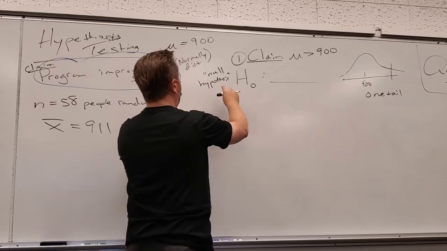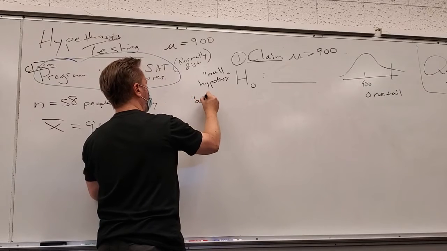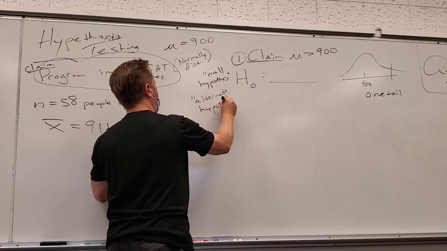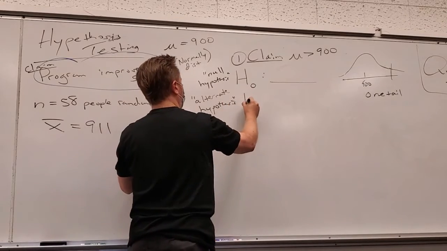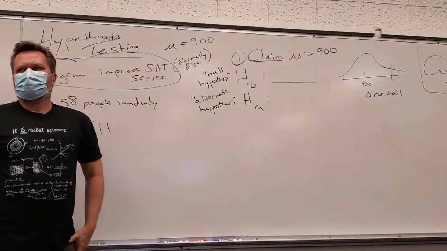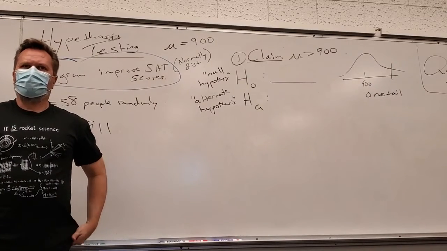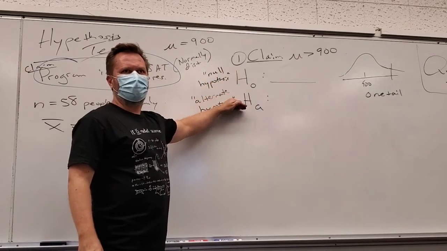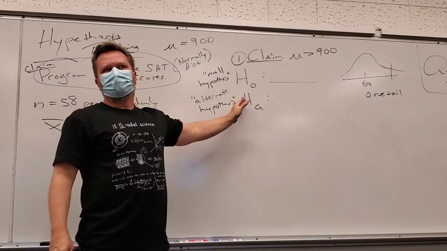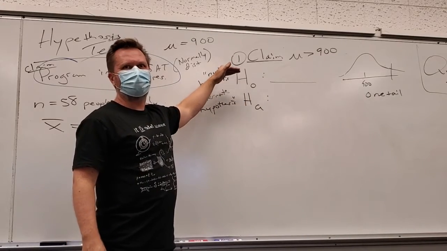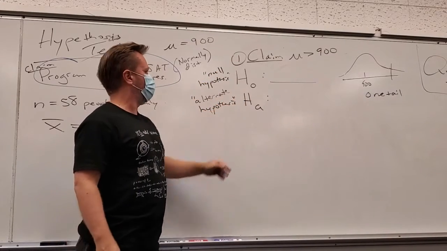And then the other one is called the alternate hypothesis. Thankfully, this book uses HA. So going forward, these will be affectionately known as the Ho and the Ha. If you don't want to say those, you can say the null and the alternate. It's totally up to you.